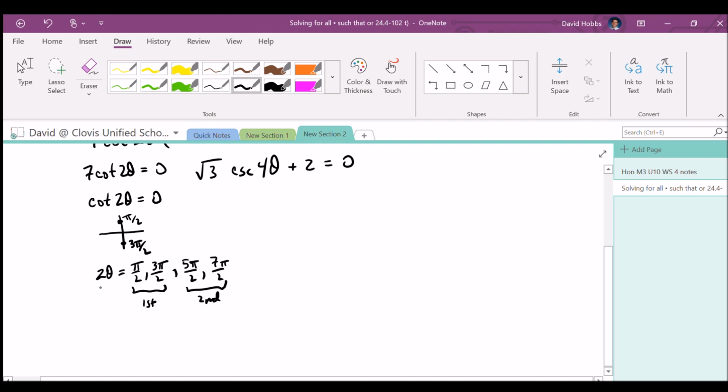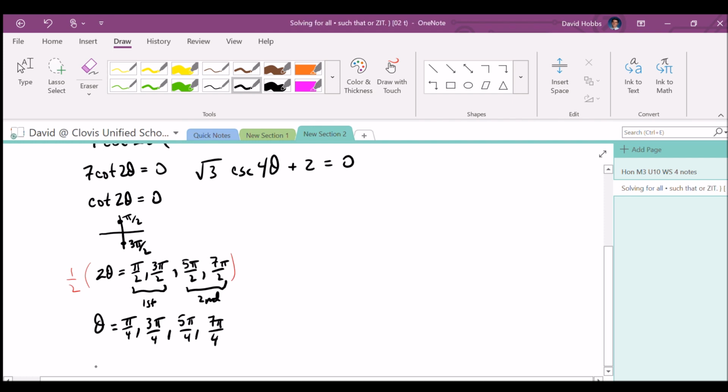And now if we finish it off, because we're actually solving for theta, not for 2 theta, if we multiply both sides of the equation by 1/2, we will get theta. So theta equals pi over 4, 3 pi over 4, 5 pi over 4, and 7 pi over 4.